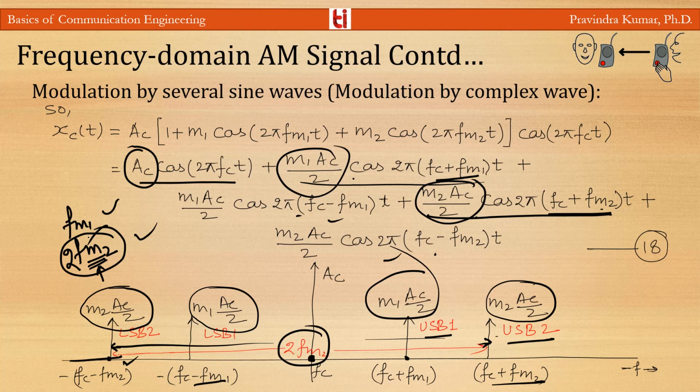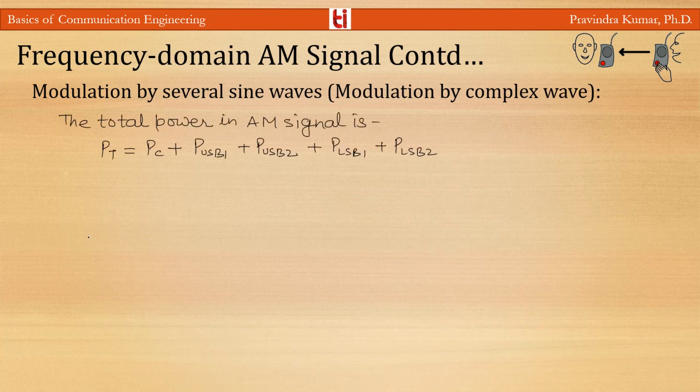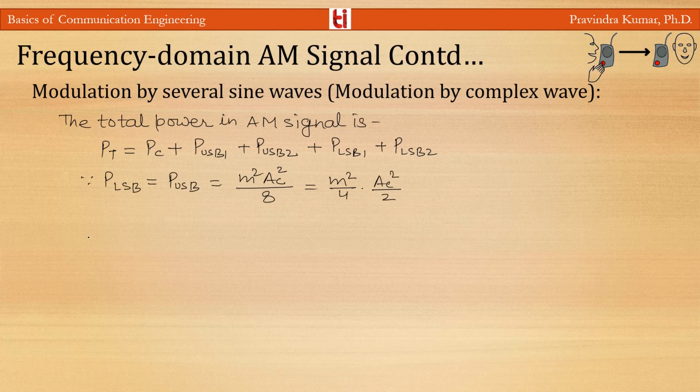And the total power in AM, the transmitted power, is the carrier power, upper sideband power, and lower sideband power. The lower sideband power and upper sideband power are the same, m² Ac²/8. We can write it as m²/4 into Ac²/2, or m²/4 Pc.